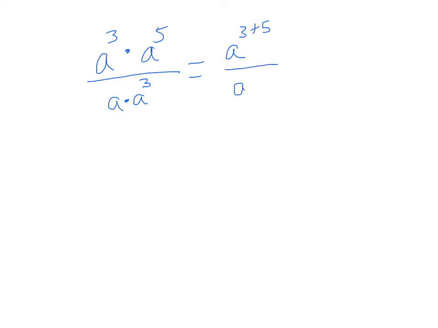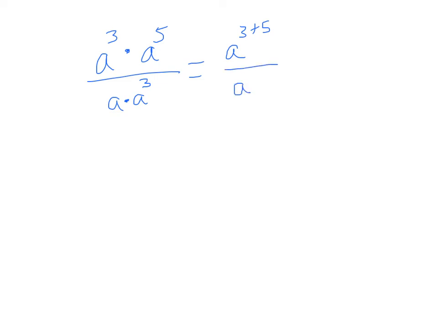Let's combine these two ideas in an all-exclusive example. So if you had this idea, on top, you can quickly add those together using the product of powers property. And on bottom, you can do the same idea.